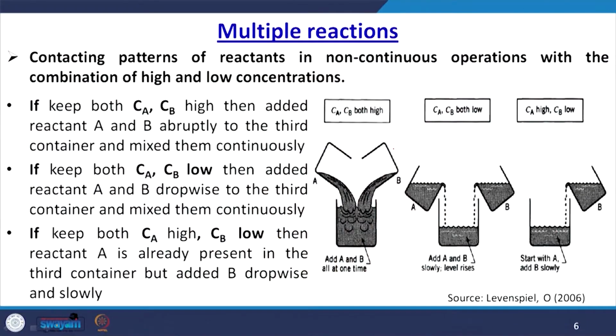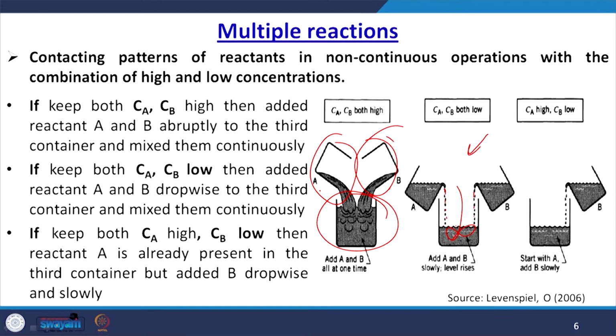Now, if you keep both Ca and Cb high, then add reactants A and B abruptly to a third container and mix them continuously. This is a usual protocol. Here you need to instantaneously pour all the contents of A and B into another container. Now, if you keep both Ca and Cb low, then add reactants A and B dropwise to the third container and mix them continuously.